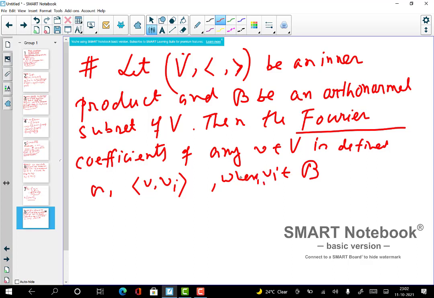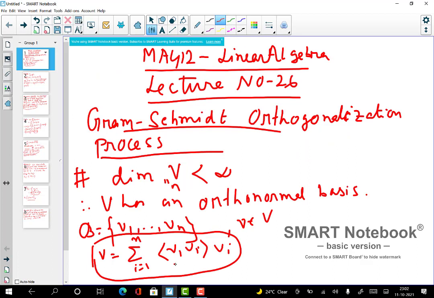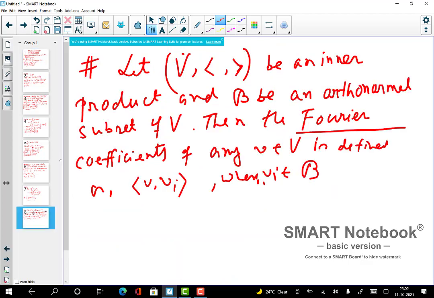So they are called Fourier coefficients. For a finite dimensional vector space, because you have an orthogonal basis, we define these coefficients as Fourier coefficients. But in general, you can define it for any orthonormal subset.